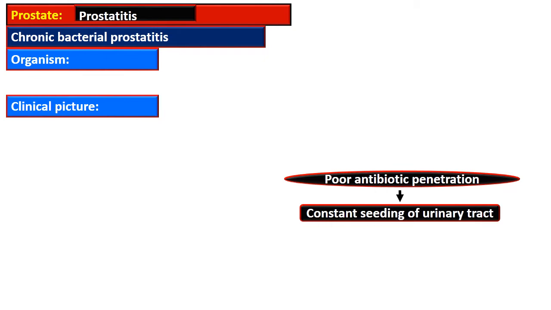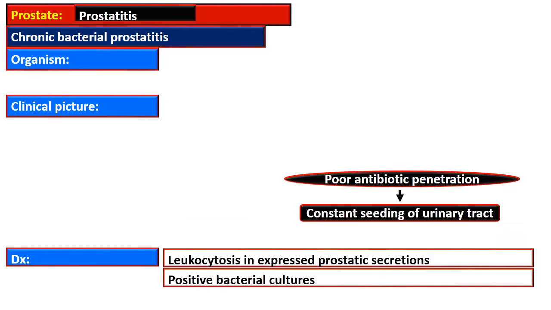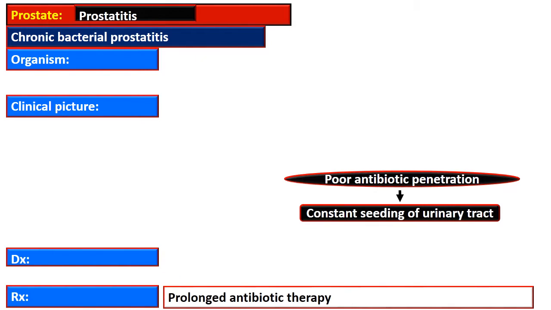There is constant seeding of the urinary tract by the organism, and in most cases the appearance of disease is insidious, and there is no previous attack of prostatitis. The diagnosis is made by leukocytosis in expressed prostatic secretions and positive bacterial culture, and treatment is prolonged antibiotic therapy.